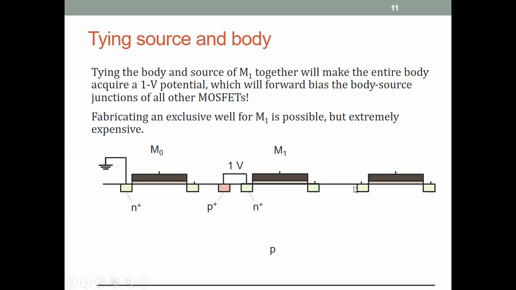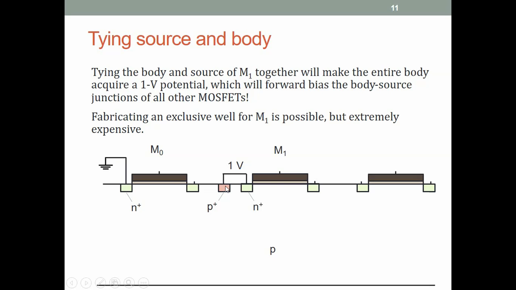Another thing will also happen. This is trying to make this body 1 volt. There is an N plus here, and that is grounded. So this PN junction is getting forward biased with 1 volt on it, and so that causes a very large current in the body, which is, of course, all this is just here on this slide.